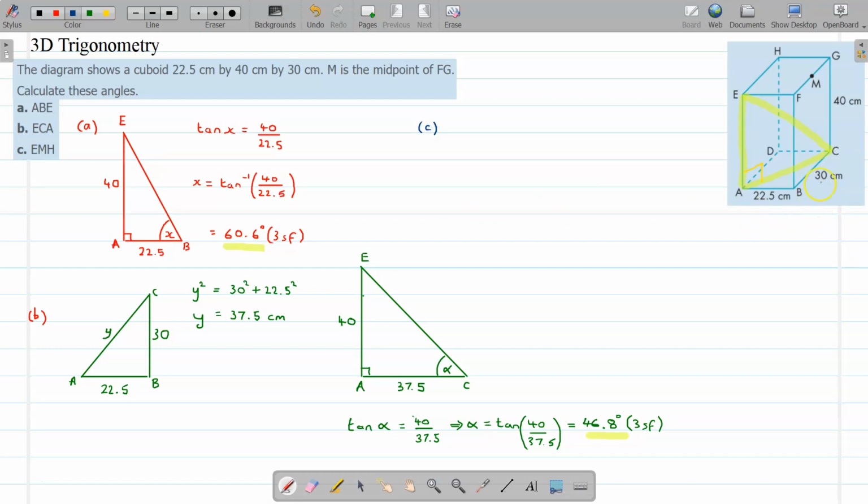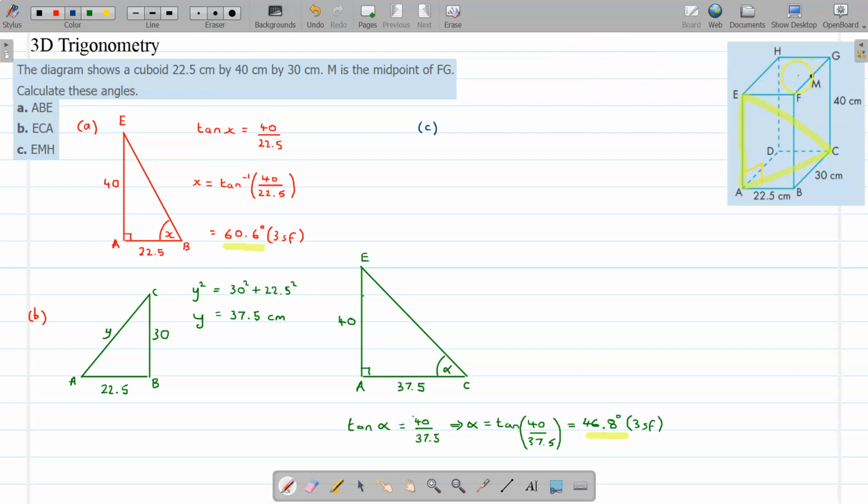And EMH, so let's identify those 3 points. M is a midpoint, E, M, and H is over here. Now we're looking at an isosceles triangle on the top of the cuboid, because if M is in the middle, as it tells me here, then it will make an isosceles triangle.